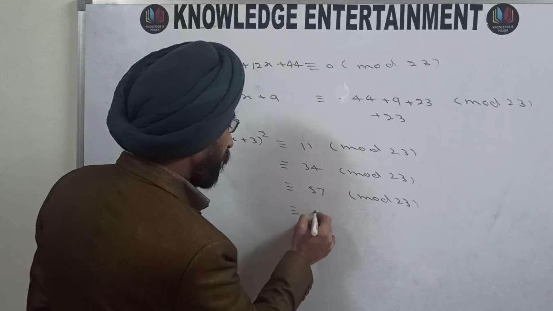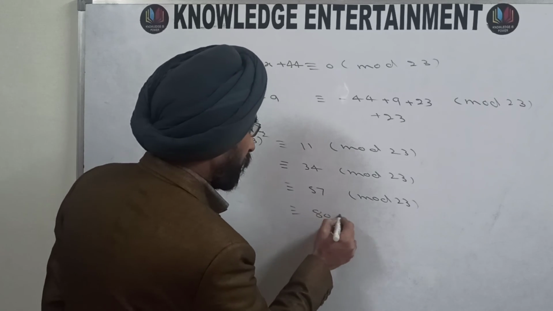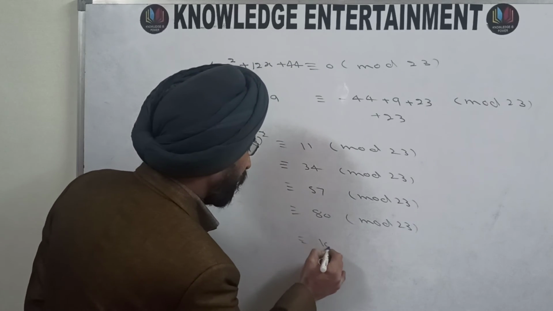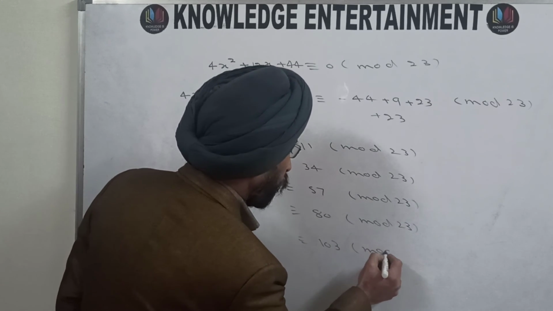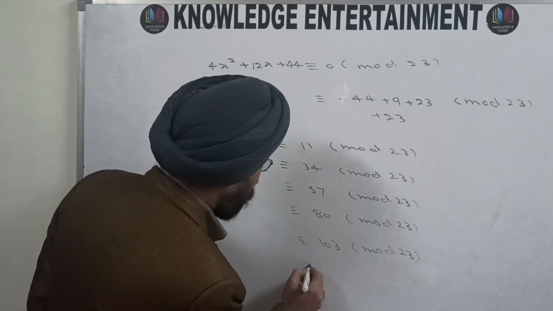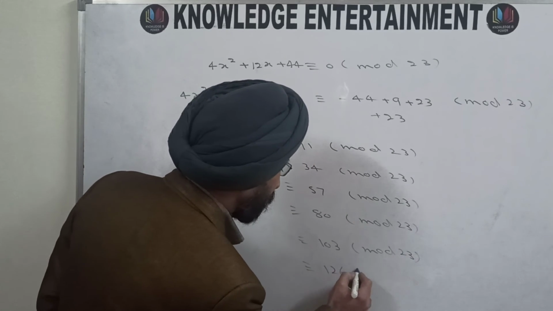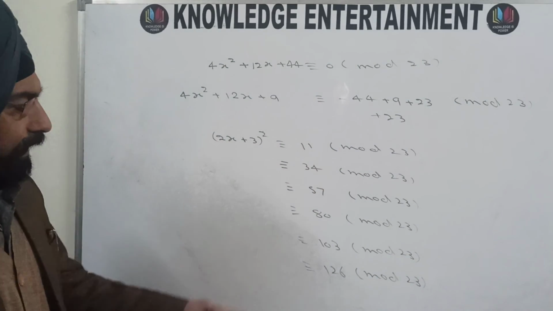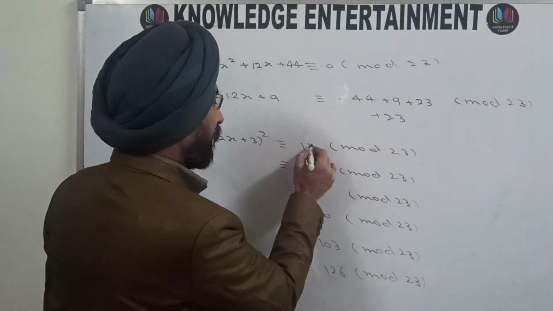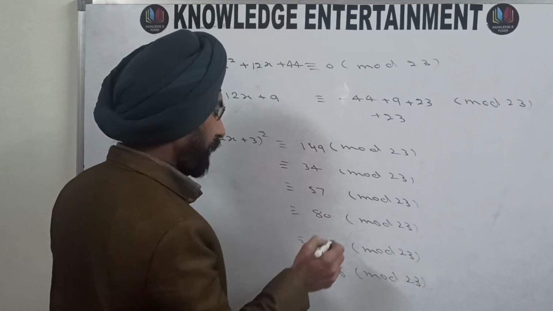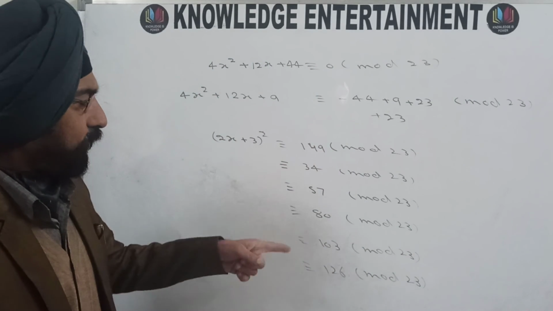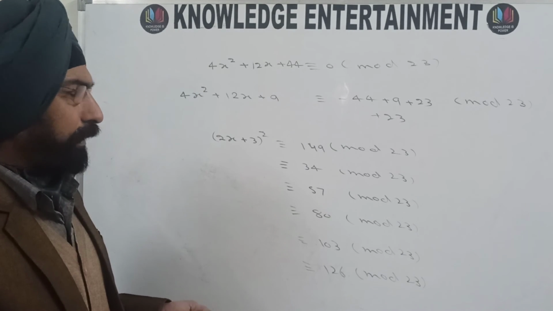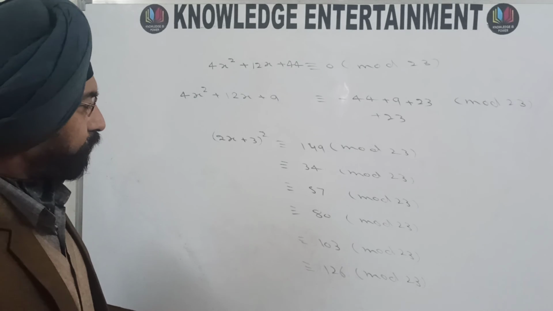Then it will become 80, then 103, then 126, and going on adding, next time you will get 149, modulo 23. If the calculations are okay; if there is some calculation problem, I may go the wrong way.